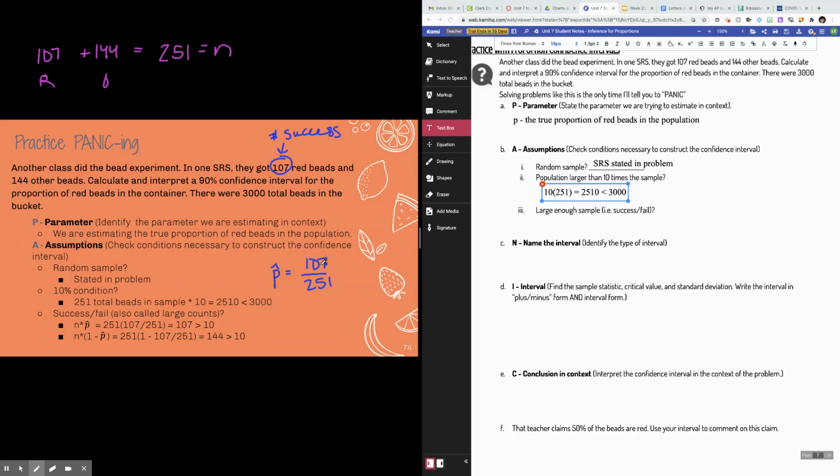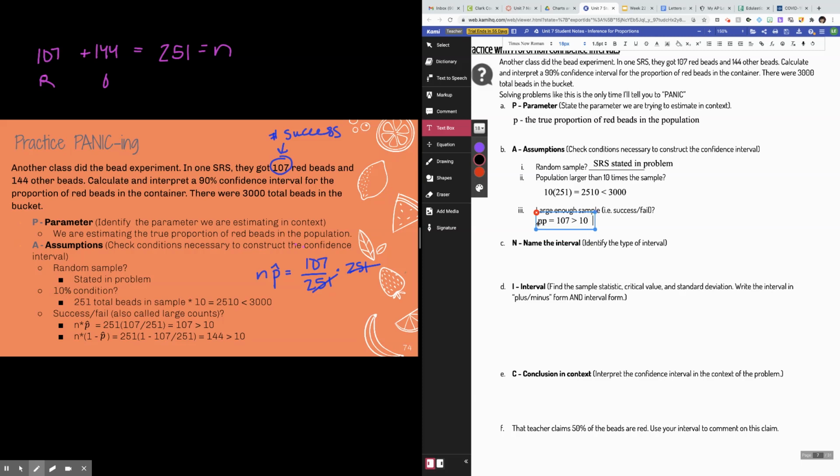So if you're doing 107 divided by 251, that's p hat times 251 for n p hat. These end up canceling each other out, so you just are left with the number of successes you have. Obviously, that won't happen in every problem, like if they don't give you the number of successes, but rather they just give you the sample proportion, like as a decimal, you'll have to actually go through and do this calculation, right? But you don't necessarily have to do it in this problem, right? So my n p hat is 107, which is definitely greater than 10, okay?